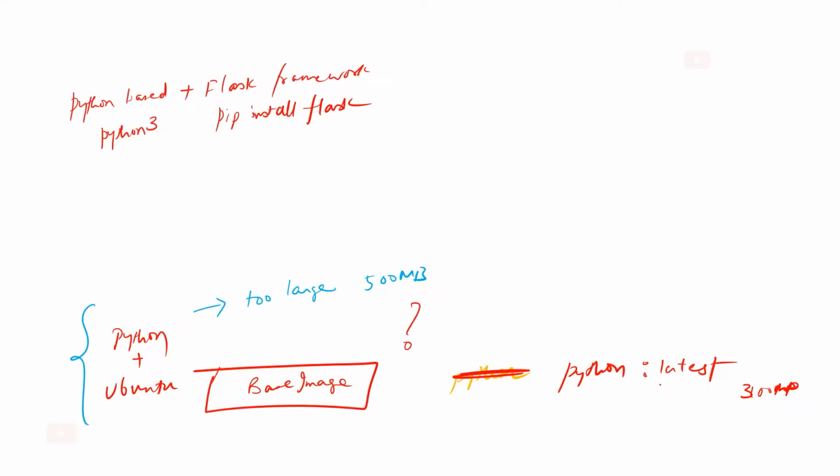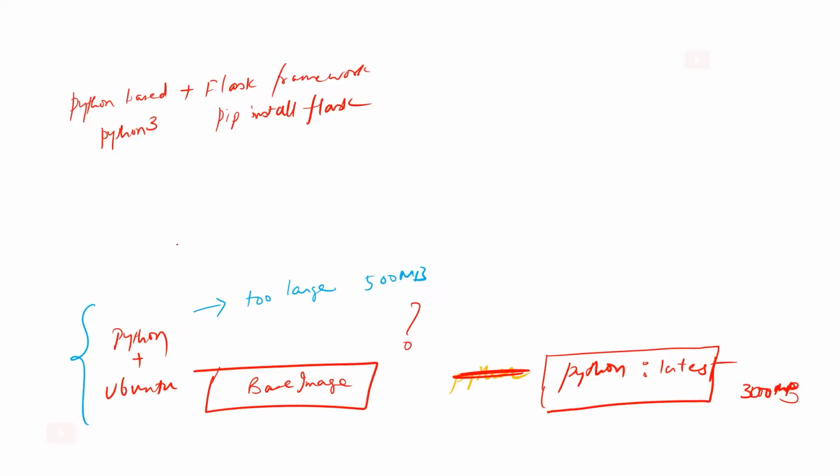This might have just Python based dependencies and nothing else. But latest means it will have all the latest features, which is probably why it is around 300 MB. But I just require a base image that can run Python without any extra features.